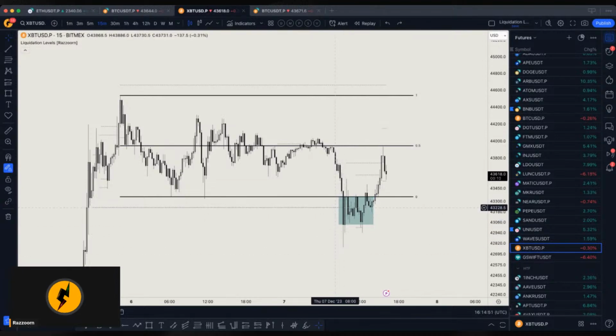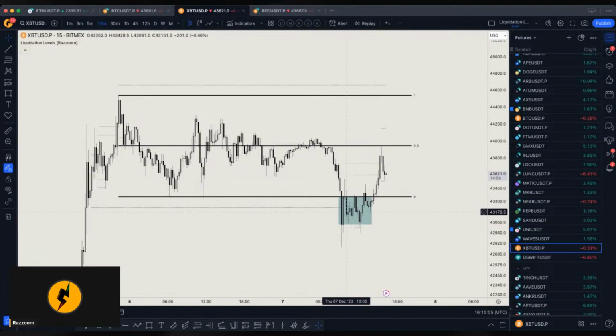This is extra confluence, and it confirms that this deviation zone was actually a liquidity grab range. Now that we come back into the range, you can long it with more confluence, more confirmation.